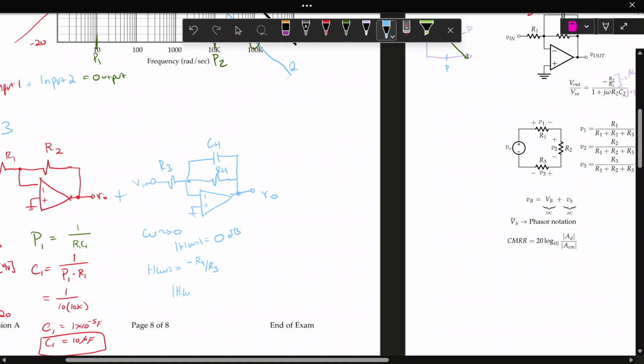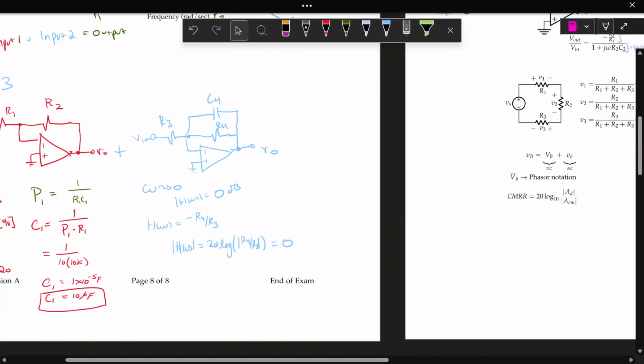Now, in decibels, this is equal to 20 log of R4 over R3. Remember, doing the absolute value. And this must be equal to 0. What must R4 over R3 be for this 20 log to be 0? It must be 1. So R4 over R3 has to be equal to 1.